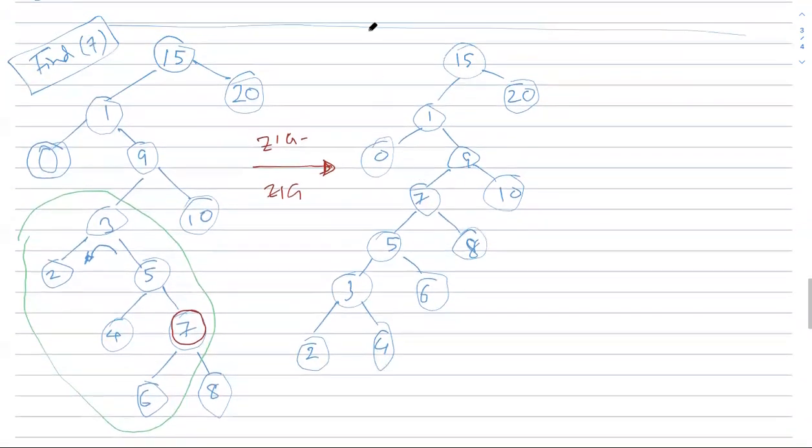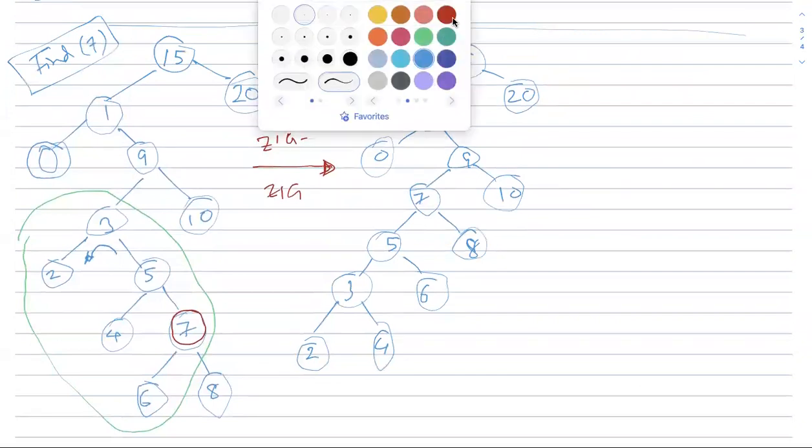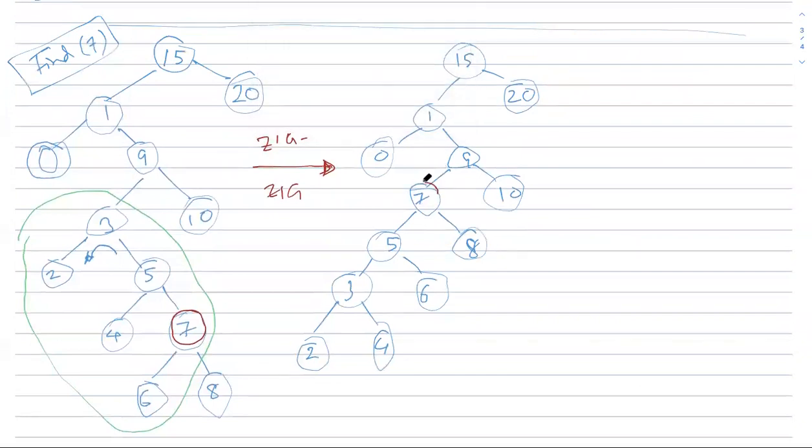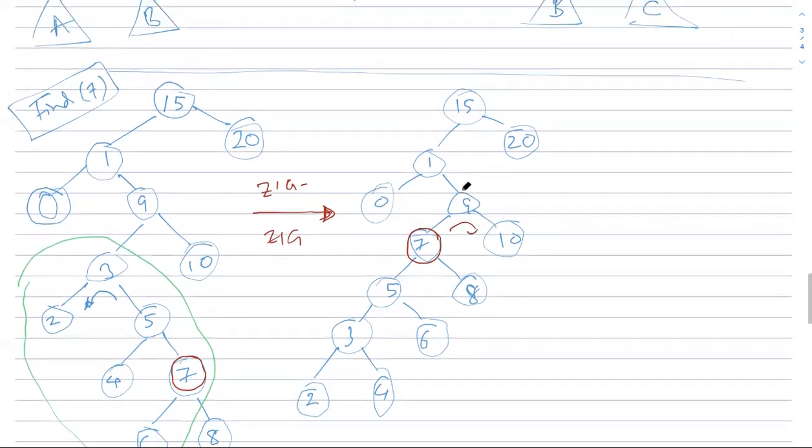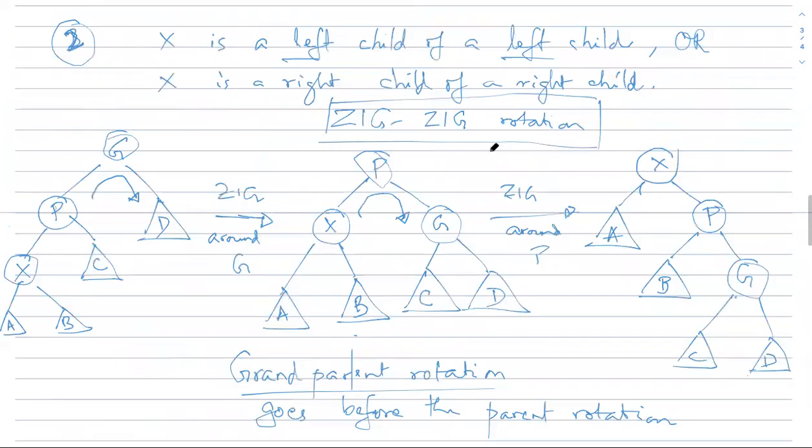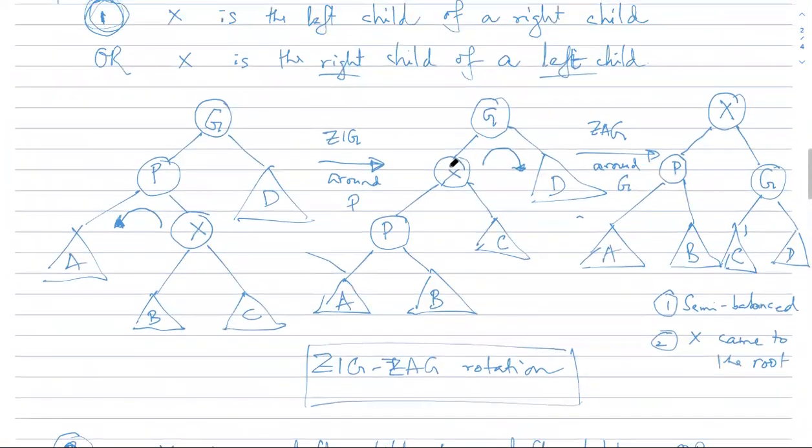Okay, so now I would be seeing where is 7 at this moment. So we find that the 7 is here. Now this time 7 is a left child of a right child. So when a left child of a right child, in this case, we give the rotation around parent first, and then rotation around the grandparent. So let's observe what happens after giving a zig-zag rotation.